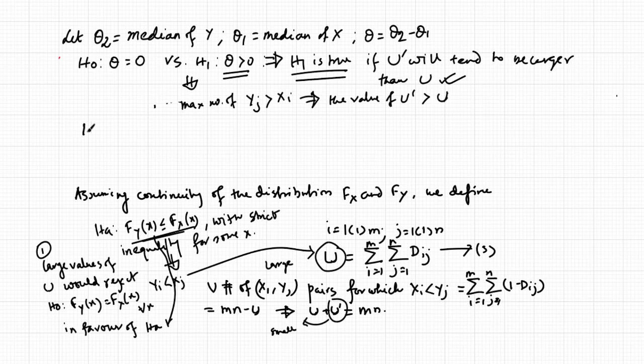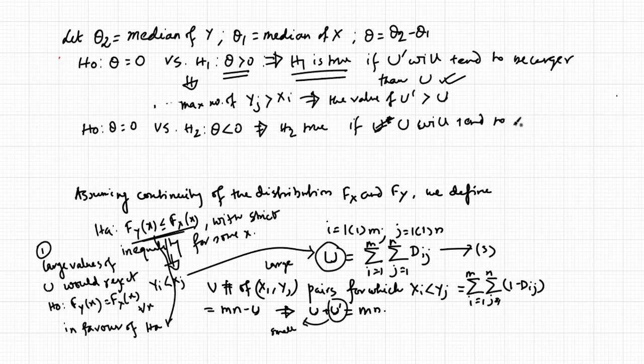Similarly, when H naught: theta equal to 0 versus H2: theta less than 0, this implies H2 is true if u will tend to be larger than u dash.